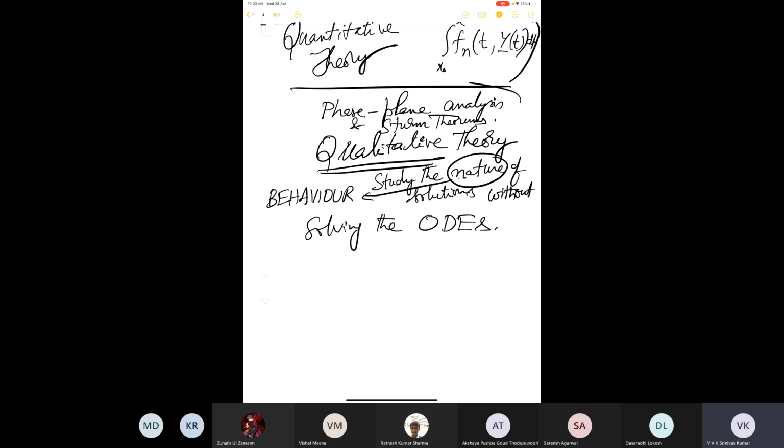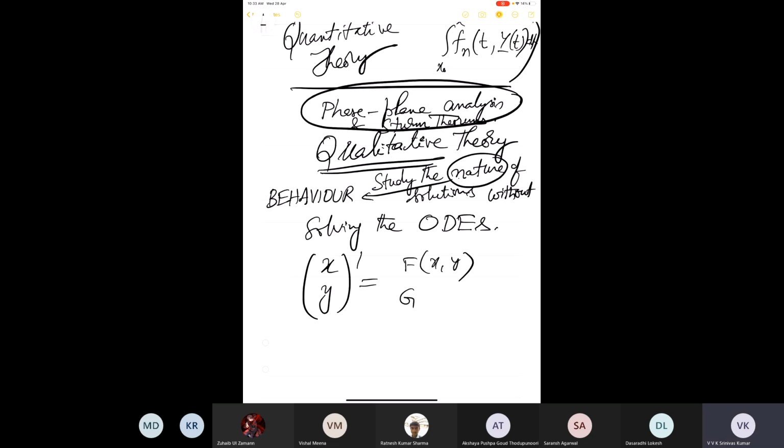So the main thing in the phase plane analysis is there are something called critical points. Like if we have the system x', y' equal to f(x,y), g(x,y).